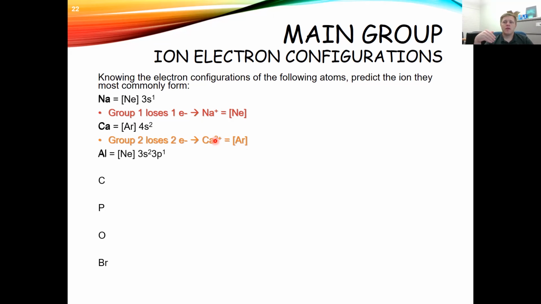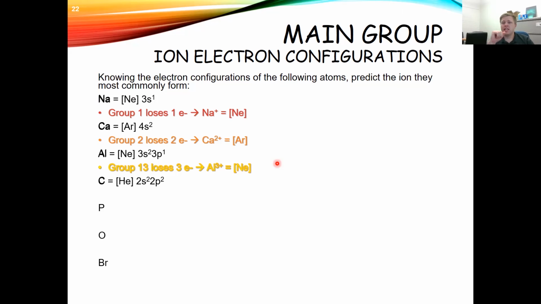Now aluminum, it's in the first column of our p block. It is 3 electrons away from being like neon. It only has to lose 3, and it'll do that to form aluminum 3 plus. It'll look like neon. Now carbon is kind of funny. Carbon is 4 electrons away from looking like helium. So it could lose 4 electrons and look like helium, or it could gain 4 electrons and look like neon.